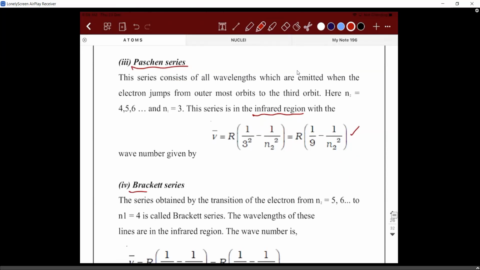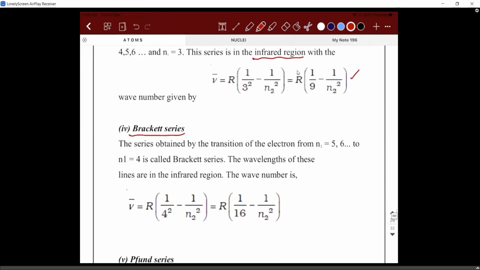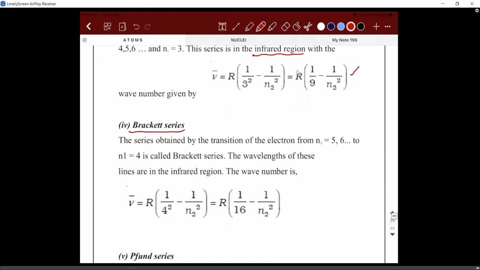Similarly for the Brackett series, it should jump from a higher orbit and it should stop at the fourth orbit. It is also in the infrared region. So there will be 3 spectral series which belong to the infrared region. The next one also.